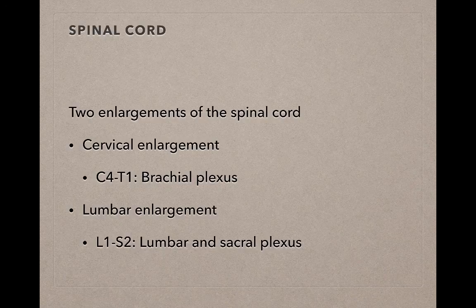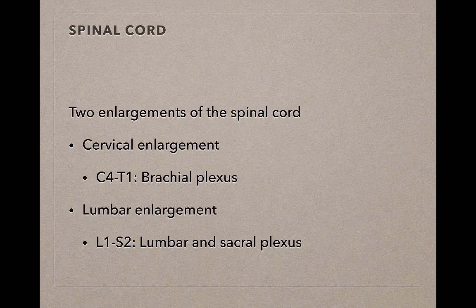In total, we have 31 pairs of spinal nerves. All of these exit via the intervertebral foramina as they make their way down into the various regions of the body. These nerves are split into dorsal and ventral roots. The dorsal roots are the afferent or the sensory fibers, and the ventral roots are the efferent or the motor fibers.